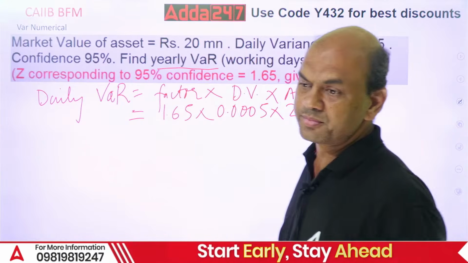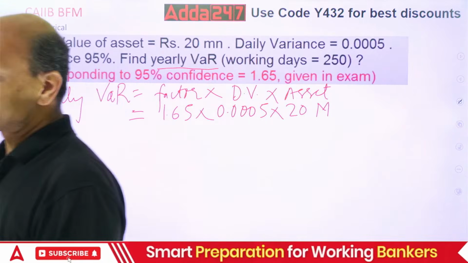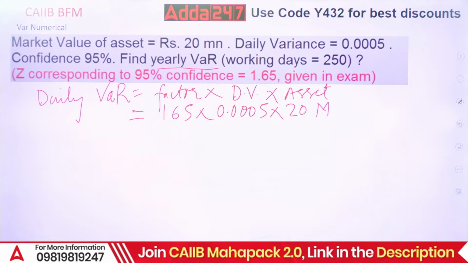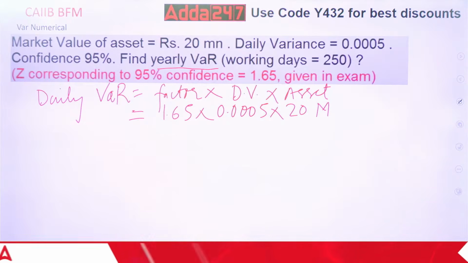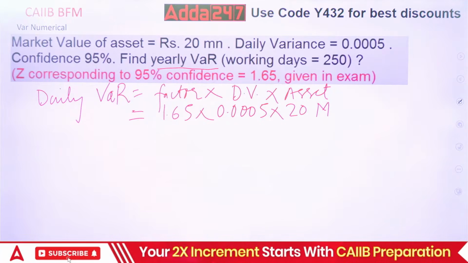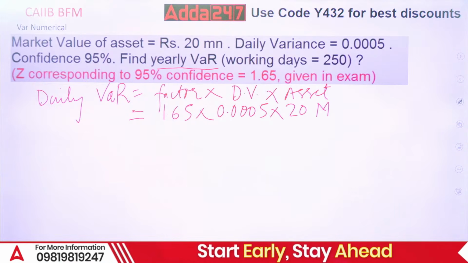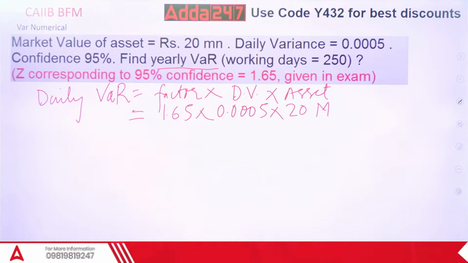So, 20 million, 6 zeros. Got it? So, this is really tough. Not tough actually, a lengthy one. Not tough. So, daily variance is given as 0.0005.